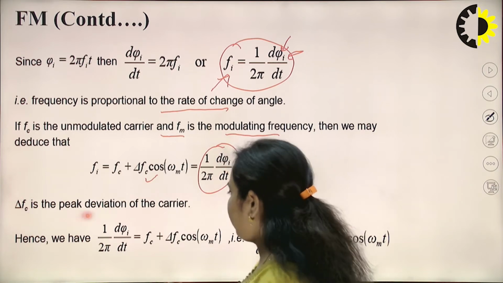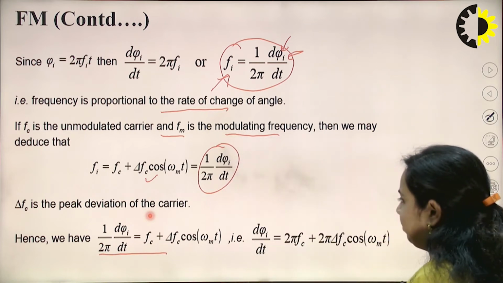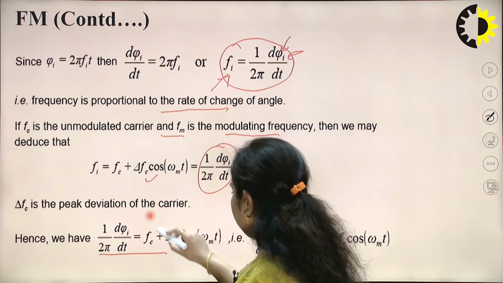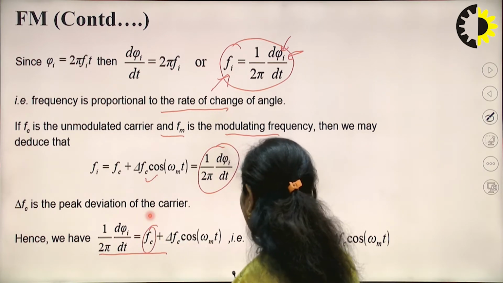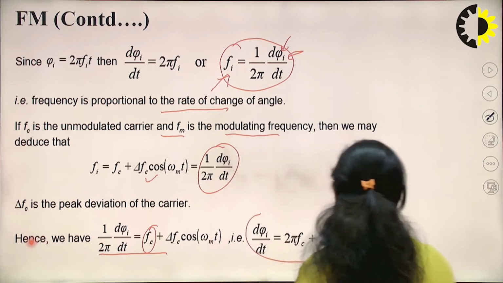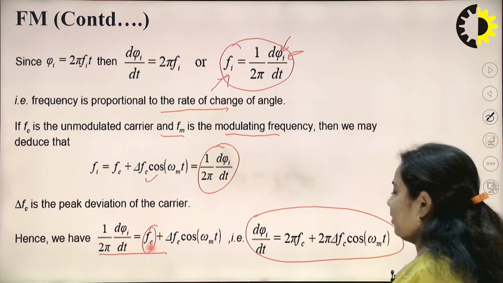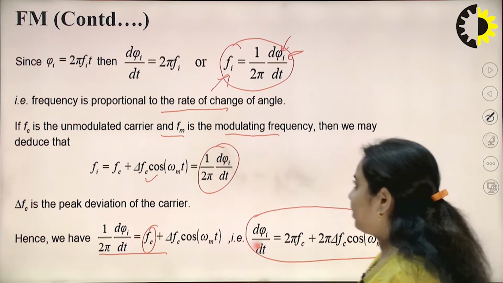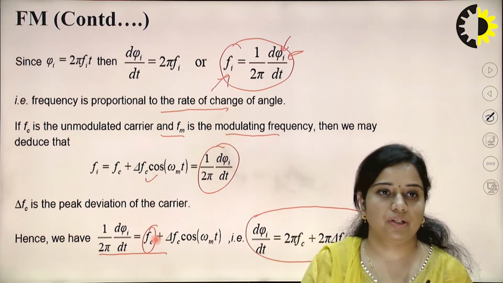Hence we can write this equation as 1 upon 2 pi d phi_i by dt, which is equivalent to fc + delta fc cos(omega_m t), and this can also be written as d phi_i by dt = 2 pi fc + 2 pi delta fc cos(omega_m t). So that is related to frequency modulation.